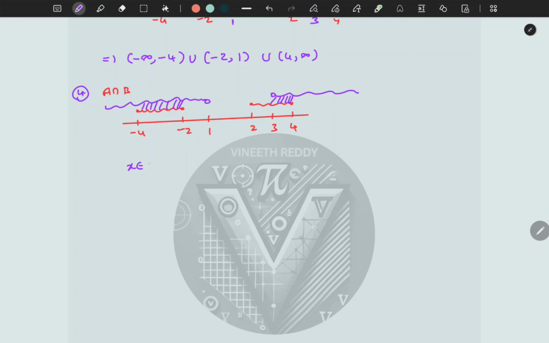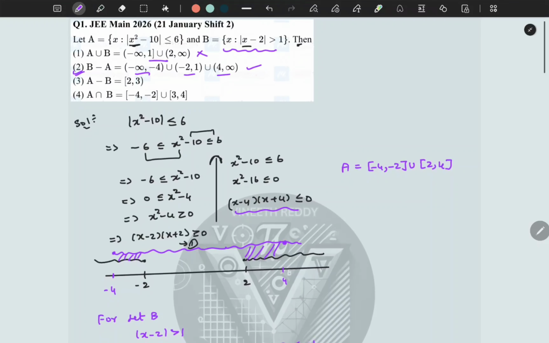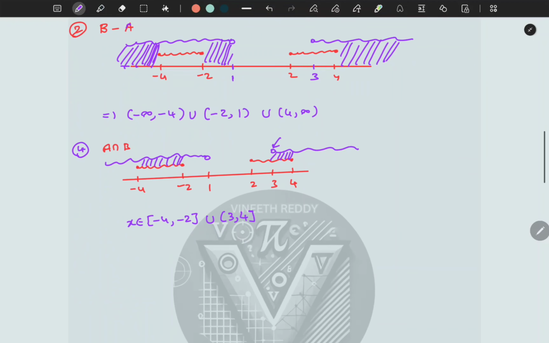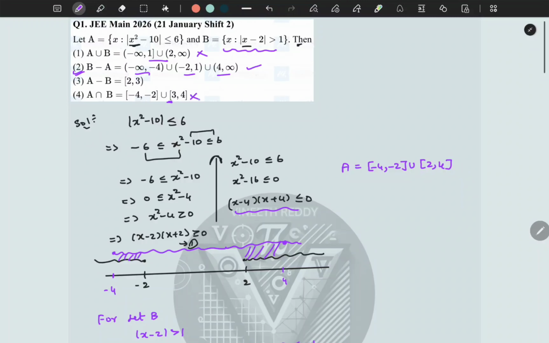So x belongs from minus 4, which should be included, minus 2 also should be included, union. Now should 3 be included or not? It should not be included because here 3 is not present, so 3 open, and 4 should be included. So this should be the solution set: x belongs to minus 4 to minus 2 union 3 open. So this bracket is wrong, so this is also wrong. Anyways, option 2 is correct.